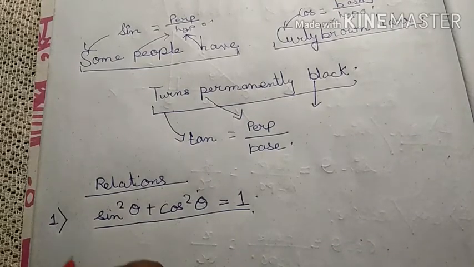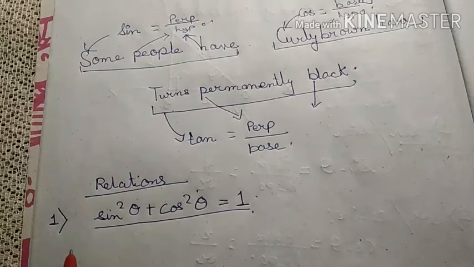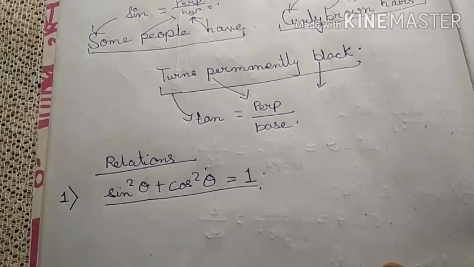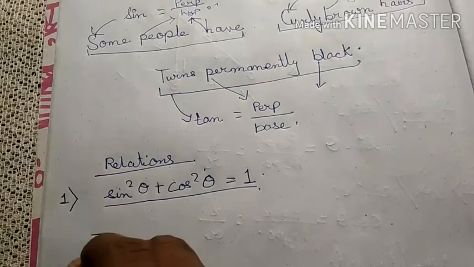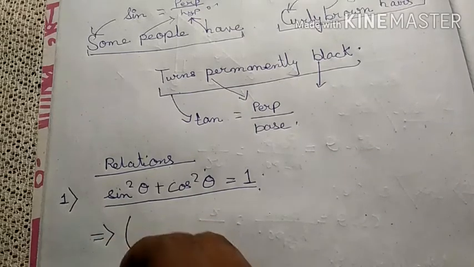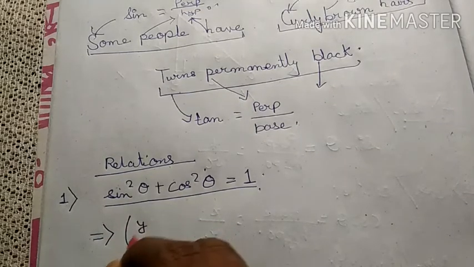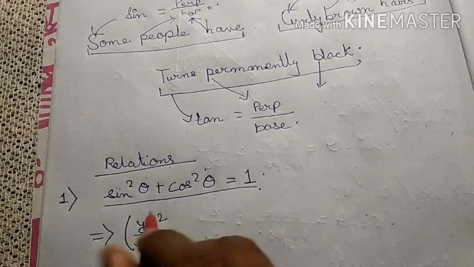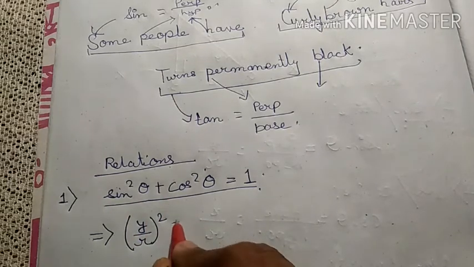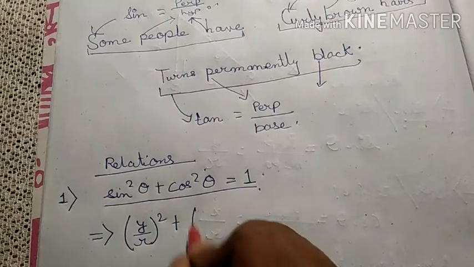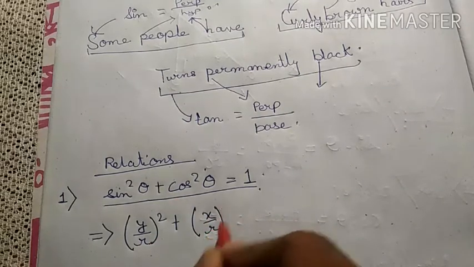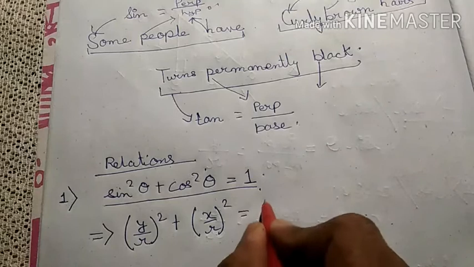Now if we want to verify it, how can we verify it? A very easy way to verify it: from the above ratios, sin square theta is (y by r) whole square, since sin theta was y by r. Cos square theta is (x by r) whole square, since cos theta was x by r, and the sum would be equal to 1.